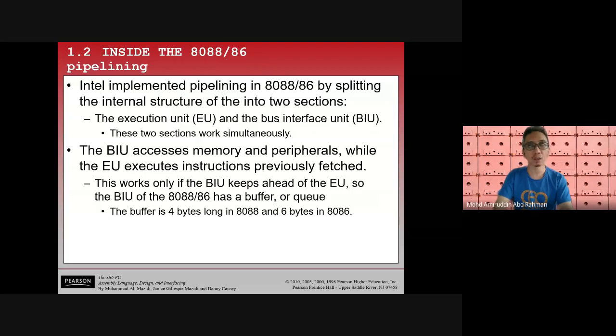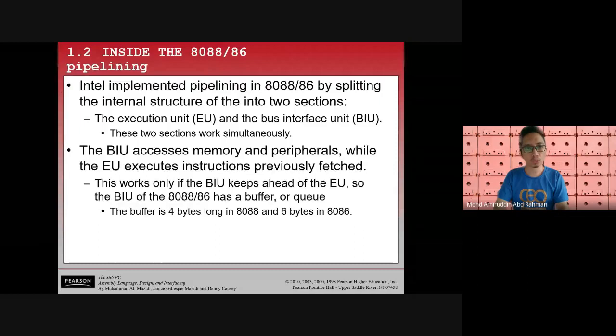So you saw that we have fetching and execution. The EU is doing the execution part, and the BIU is working on the fetching part.